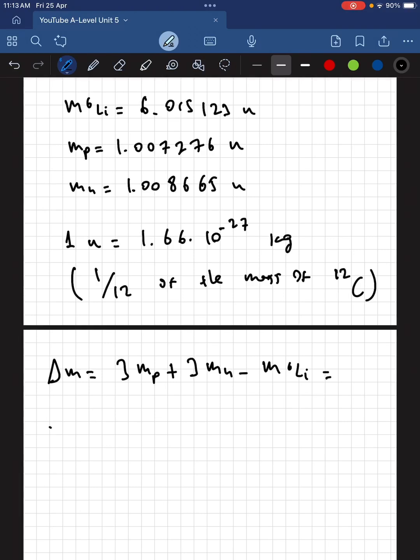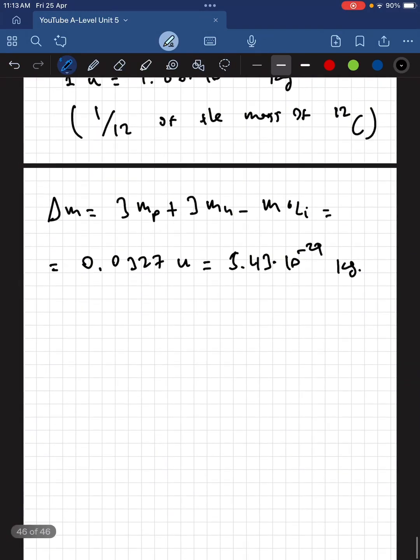If we do this calculation, we will find that this delta M is 0.0327 atomic mass units. And if we convert to kilograms, it's 5.43 times 10 to the negative 29 kilograms, okay? So you see, I didn't lie to you. There is a mass difference.